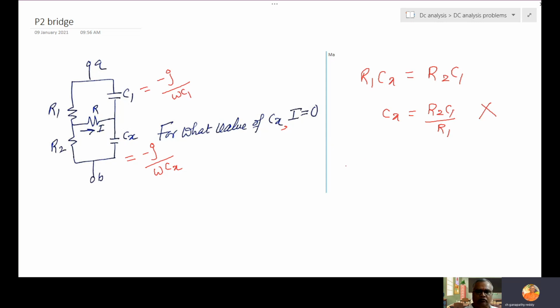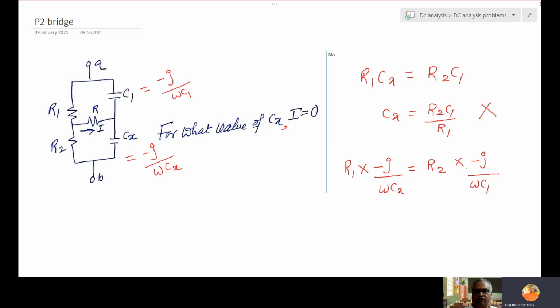So if you multiply now, R1 into minus J by omega Cx is equal to R2 into minus J by omega C1.